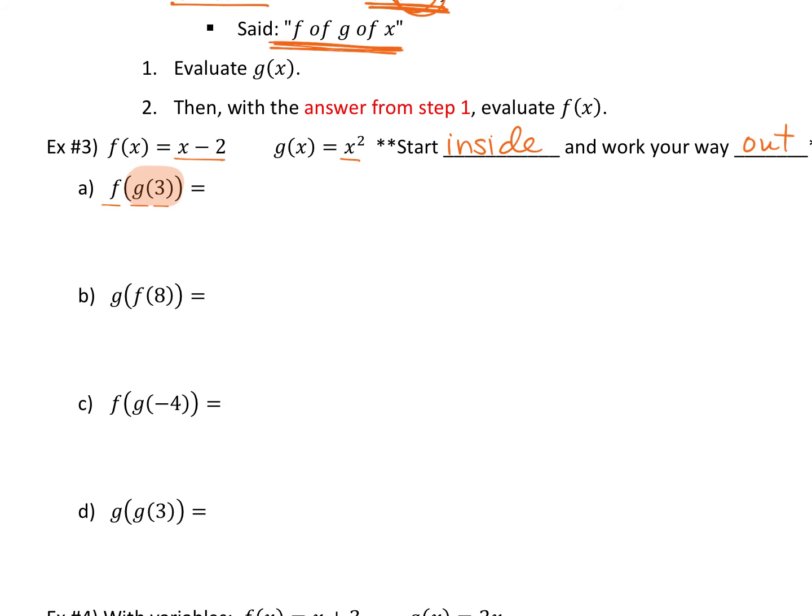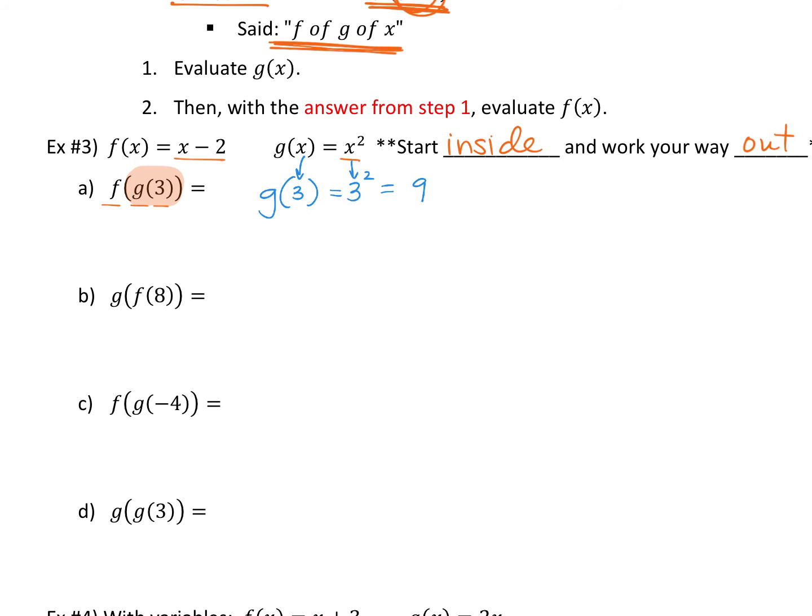Forget that there's even an f involved right now, and I just want you to evaluate g of 3. G of 3 is what? 9, right. You take that x value and you plug it in, right? So g of 3 is 3 squared, or 9.